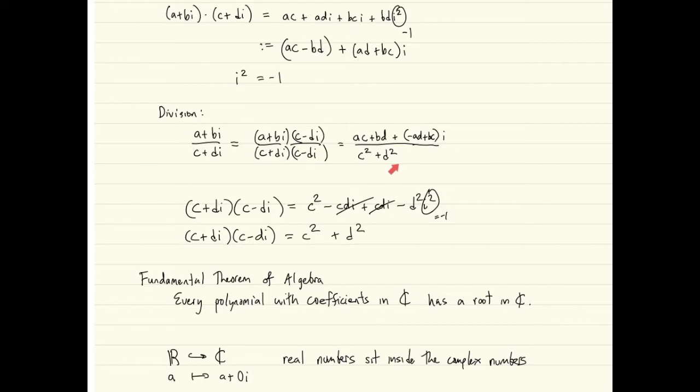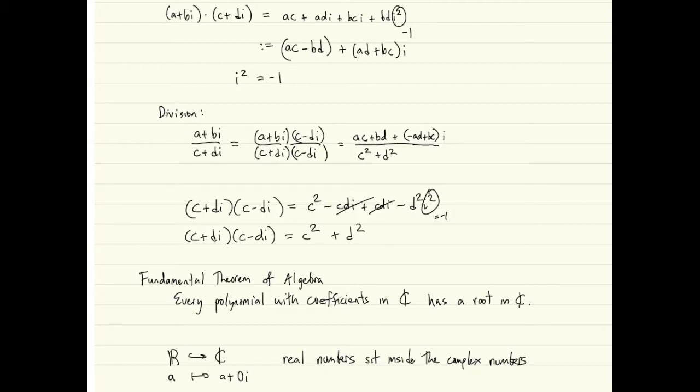So that's a real number. And then in the numerator, when you FOIL this all out, you get ac plus bd, some real number, plus some imaginary part. And so this is how division of two complex numbers is defined. Again, what we need is c squared plus d squared to be non-zero. It's only defined then. Okay, I didn't mention subtraction, but it's very similar to addition.